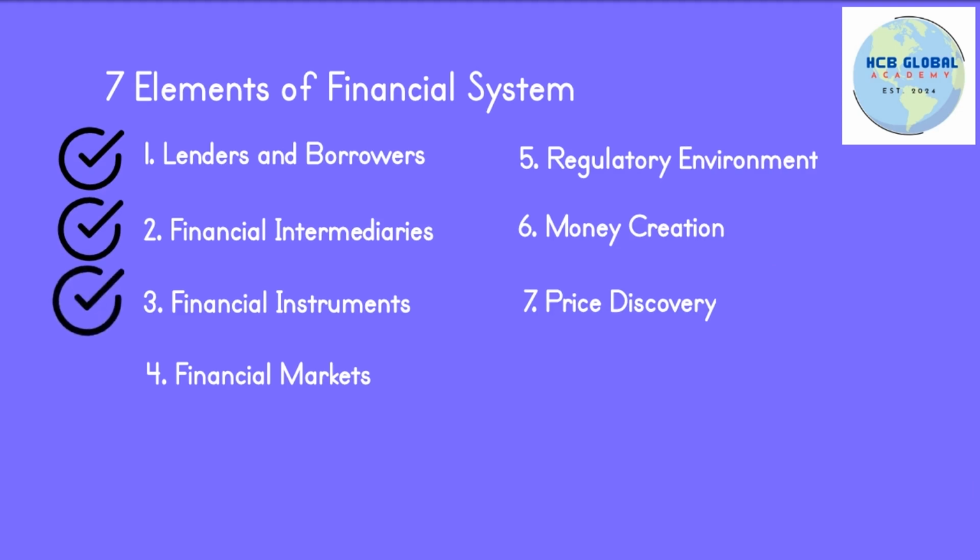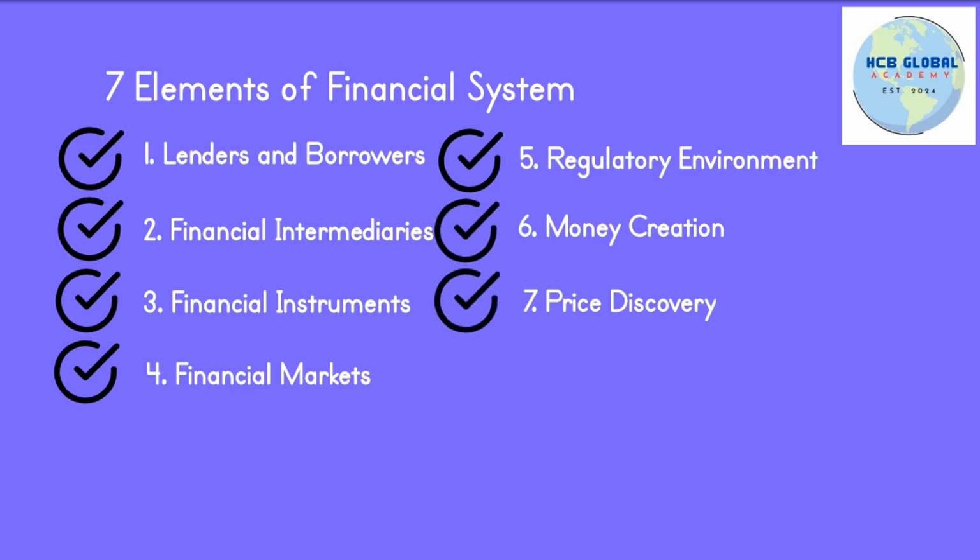Financial instruments represent contractual obligations, traded in markets like money and capital markets. Regulation ensures compliance, typically managed by central banks. Money creation occurs through financial flows, enhancing economic activity. Price discovery determines instrument value based on risk. These elements synergize to fuel economic growth and ensure financial stability, forming the backbone of a nation's financial infrastructure.